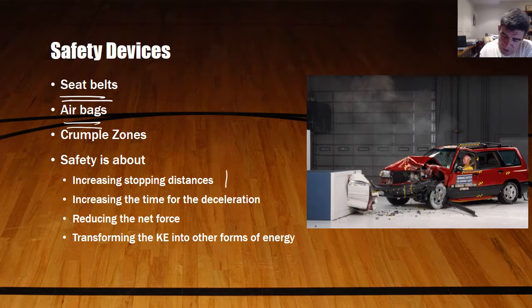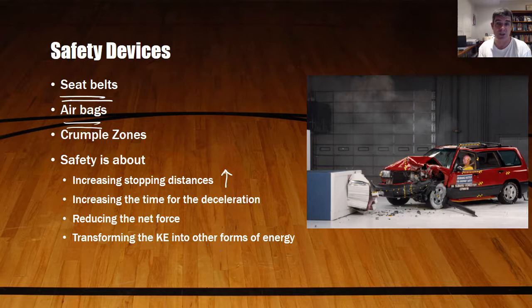Firstly, increasing the stopping distance, increasing the amount of space that you have in order to slow down that rapid deceleration. Increase the time for the deceleration. So if we've got a device like an airbag, then rather than your head going straight into a windscreen or into a dashboard or into a steering wheel, the airbags come out and cushion your head.